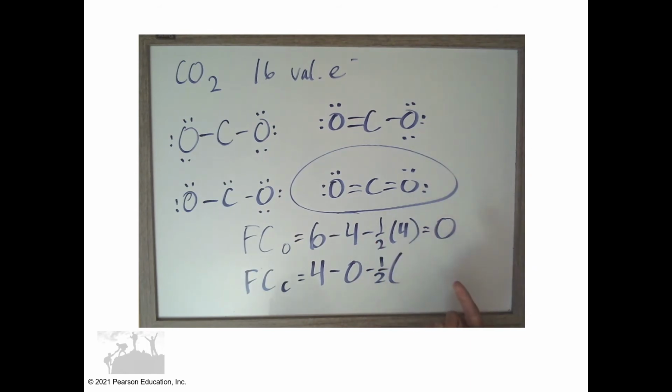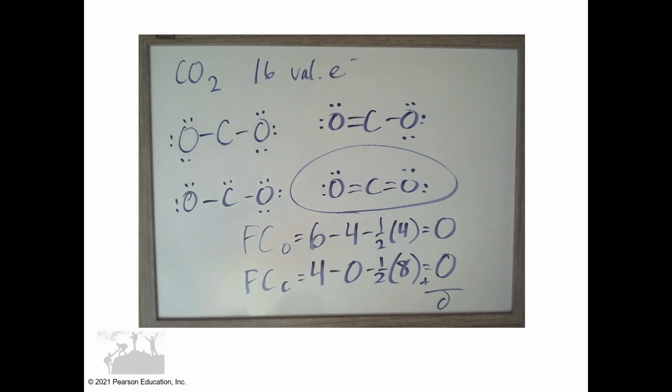We have 8 because we have 4 lines that are connected to carbon. We're only going to take half of those. When we do the math, we end up with a formal charge of 0. So now we add up all our formal charges, come up with 0, and that is the charge for carbon dioxide.